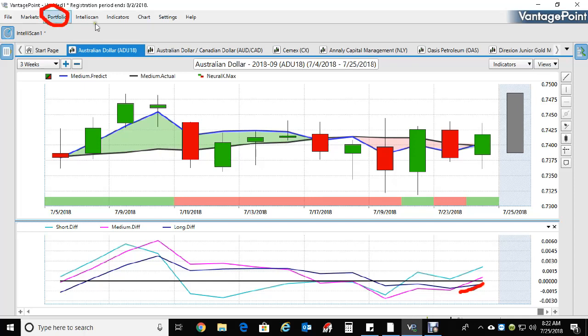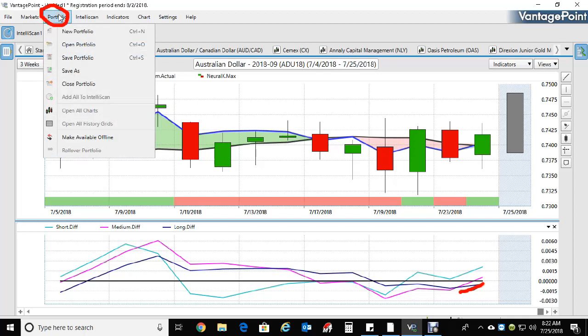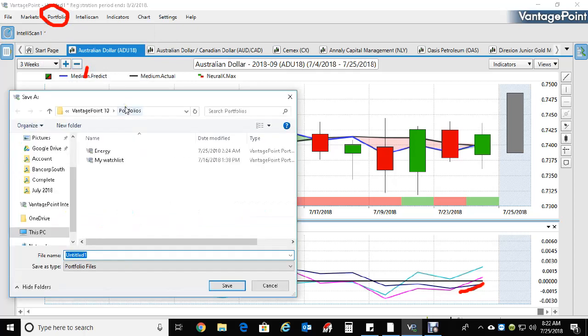You want me to go to portfolio, okay? Yes, and click Save As. I'm just going to list this other one, but we are going to name it My Watch List, because these are going to be the opportunities we're going to look at.